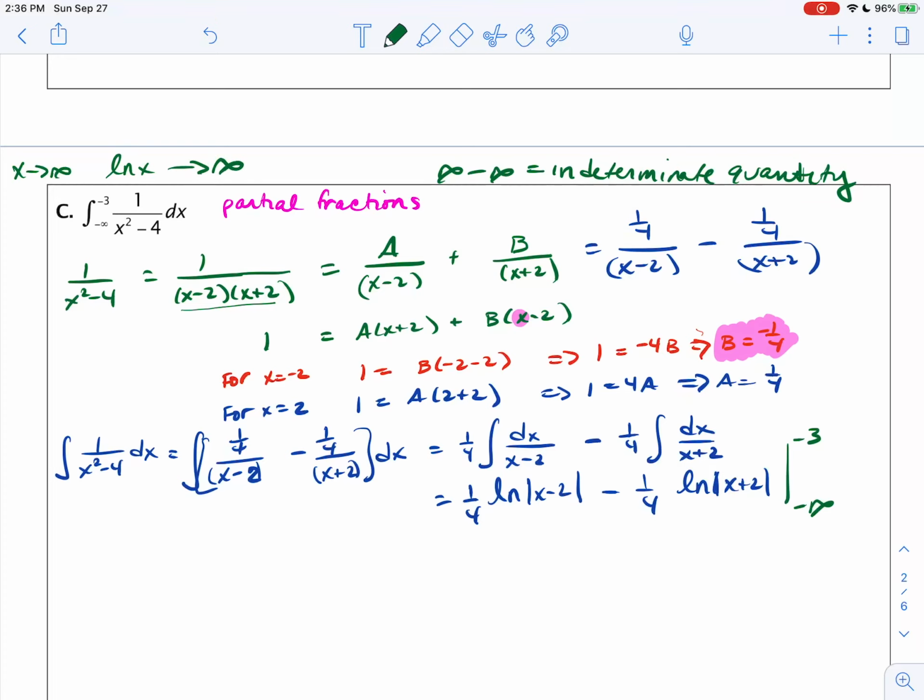So we will end up with an infinity minus infinity in the standard form.